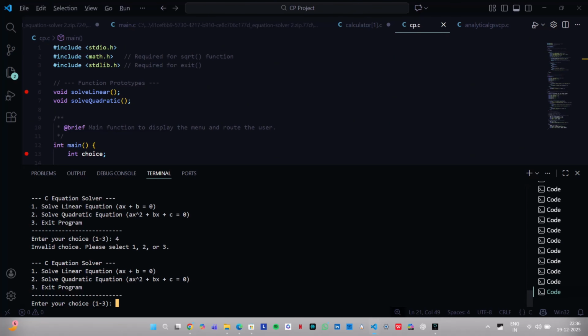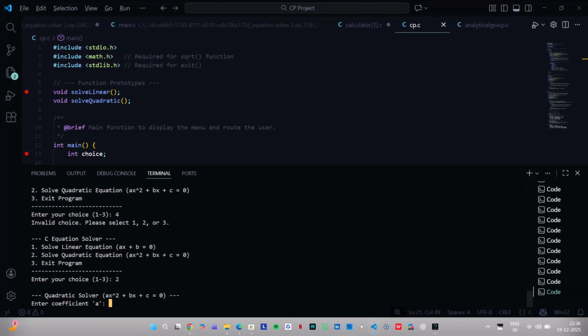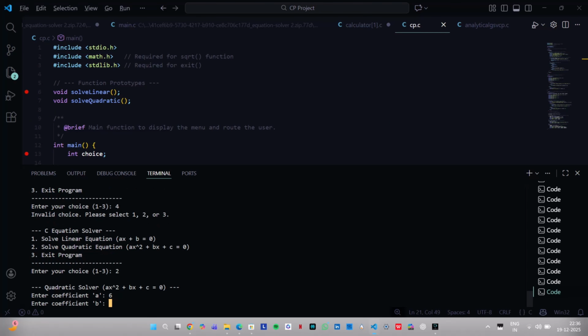Now, take an example where we have to solve a quadratic equation. We enter 2 and then enter. The quadratic equation solver ax square plus bx plus c equals 0 appears. Enter the coefficient of a, that is of x square. For example, we take a as 6, b as 8, and c as 4, and then enter.